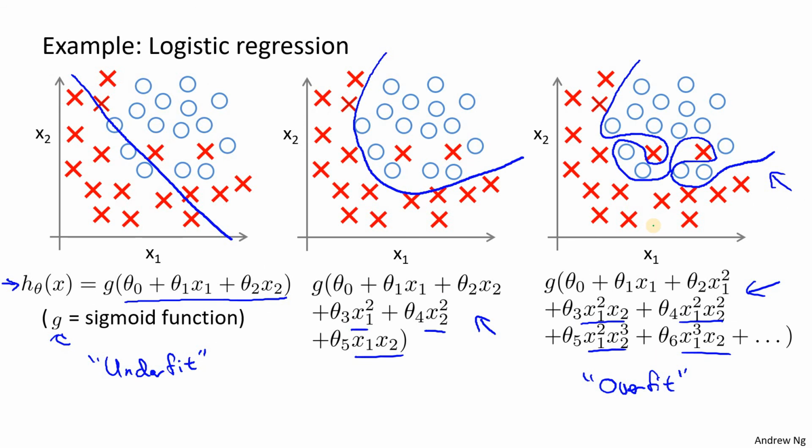Here is an example for classification, that was regression. Classification also has the same problems. So here you see an example from the cancer data set. You can see over here the problem. You have got 2 input features from the data, x1 and x2.